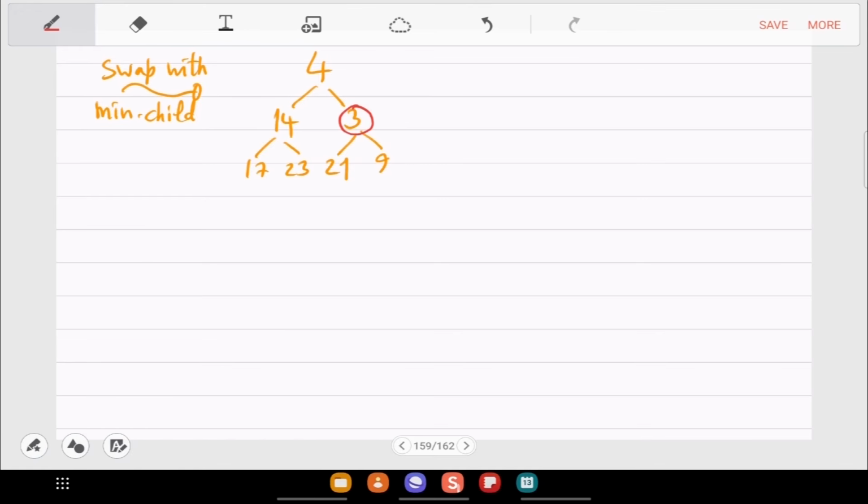So this 4, 14, 17, 23 always stays fine. I mean, till now stays fine. So you know that the only thing to exchange is these two. So again the same idea, swap with the min child. So you have 3, 4 comes here, 14.